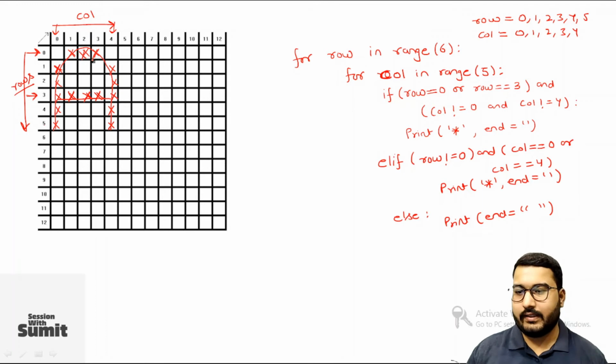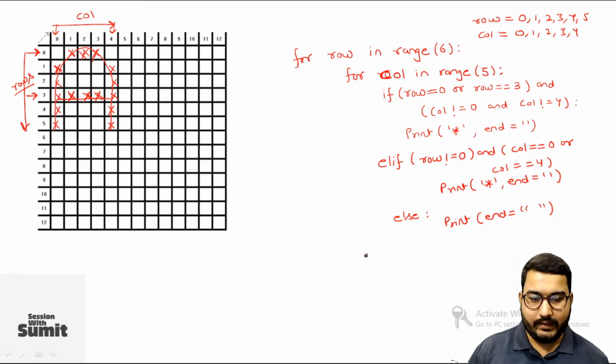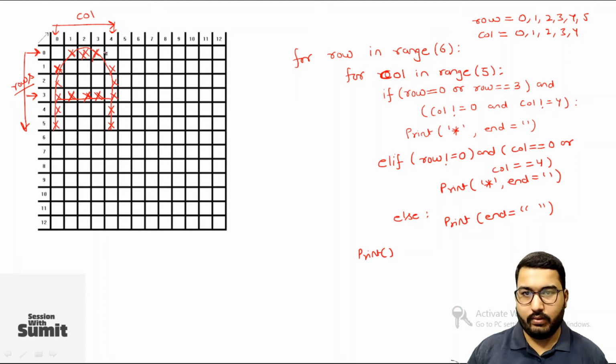So else I just need to print some spaces, and that will take care of all the conditions. I also need to write print here, so that after printing one row I go to my next row. This empty print will make sure that I am going to my next row. Now this is the complete logic that will plot my alphabet A in Python.